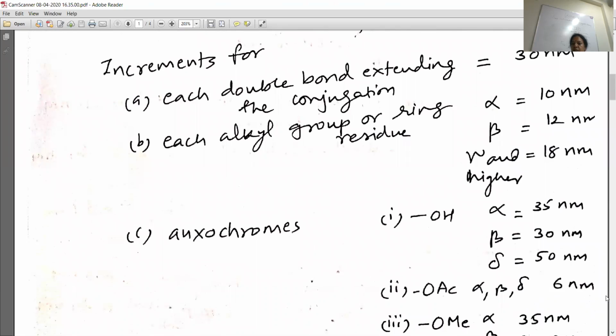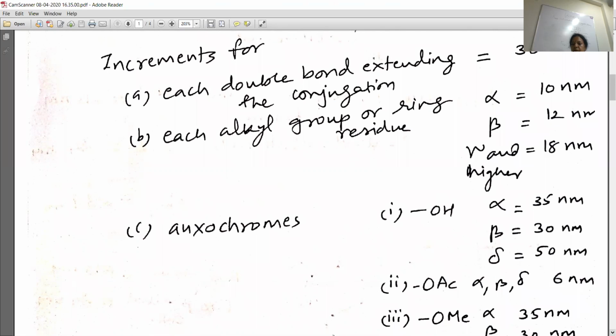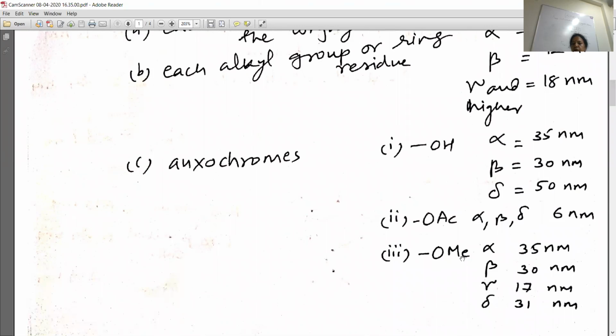Auxochromes: hydroxy, alpha 35 nanometer, beta 30 nanometer, delta and higher 50 nanometer. OAc, alpha, beta, delta 6 nanometer. O-methyl, methoxy, alpha 35, beta 30, gamma 17, delta 31 nanometer.